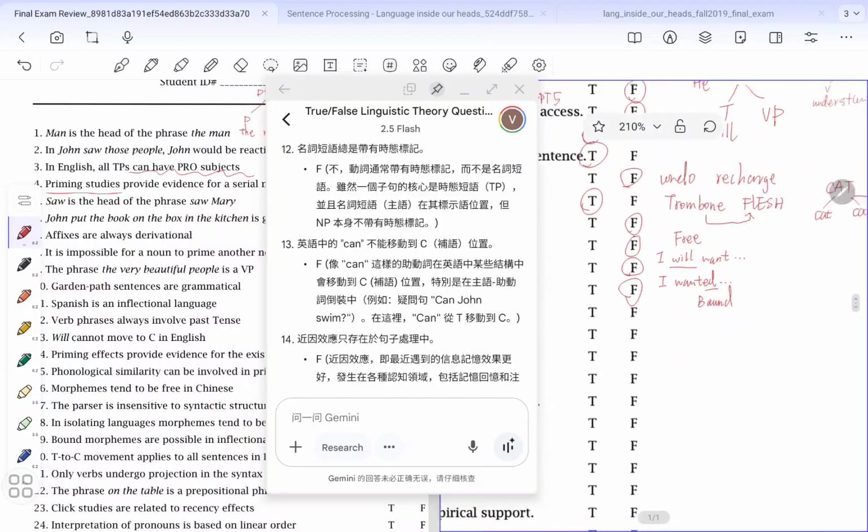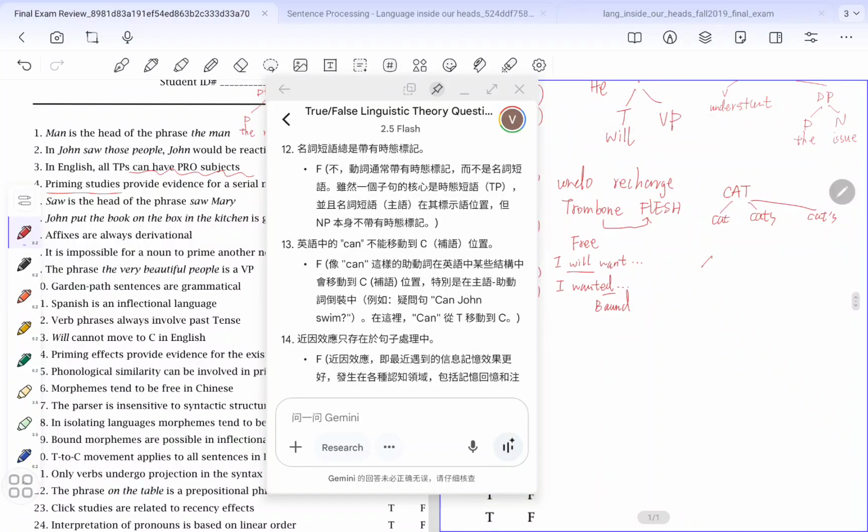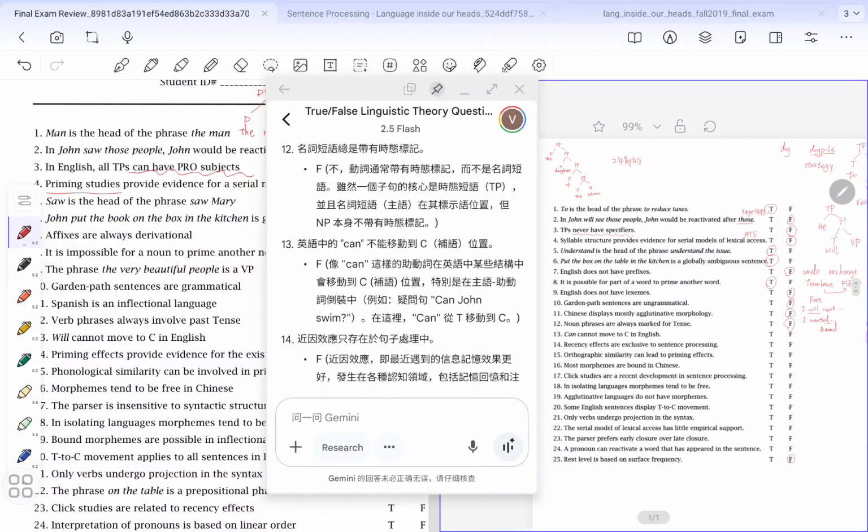So you have these words in C, but what else can we see? You find it mostly in questions. If this is a will, this can, he can do it, and you ask the question: can he do it? Can be in C. So 13, can moves to C in English: false. Example: can you do it? Just can in C.